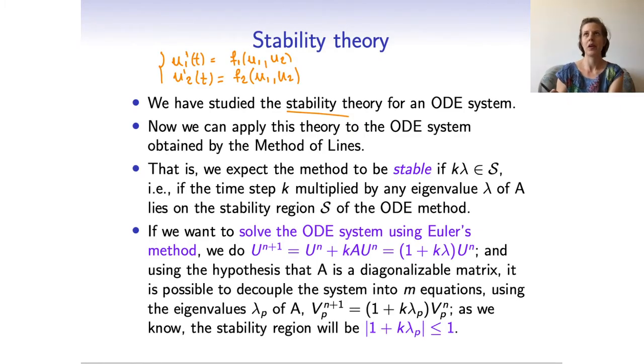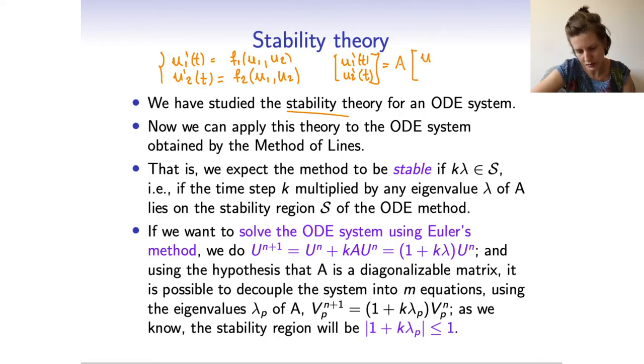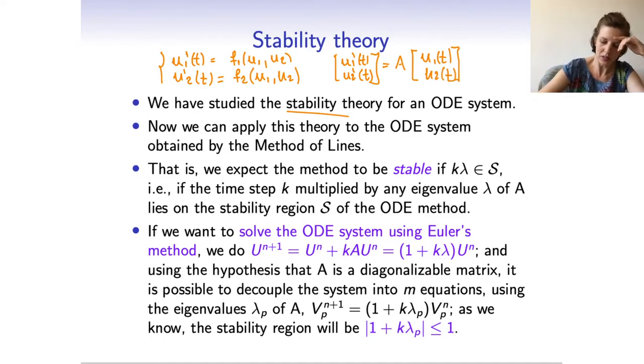If this system is linear, we can write it like this: (u1'(t), u2'(t)) equals some matrix A times (u1(t), u2(t)), and then we calculate the eigenvalues of this matrix.